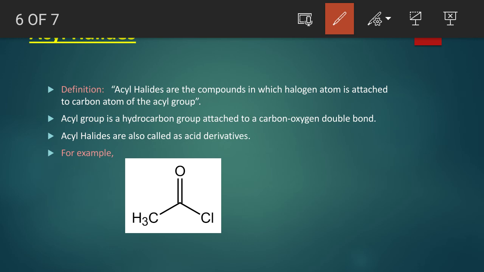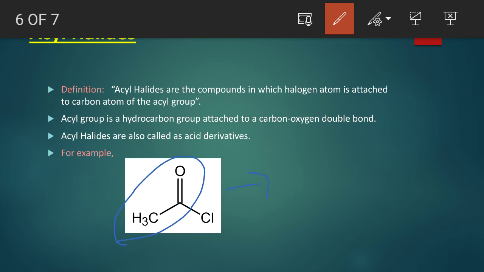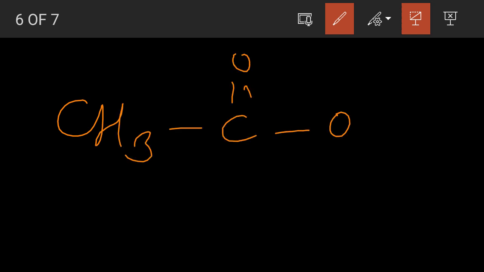Look here. This is acetyl chloride. The name of this compound is acetyl chloride. The formula of acetic acid is CH3COOH.